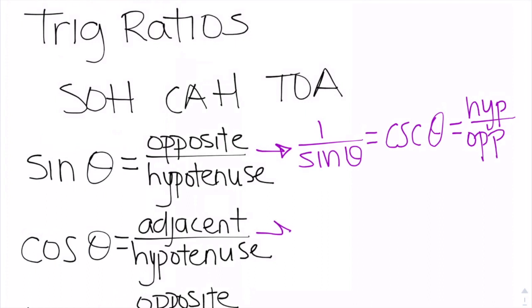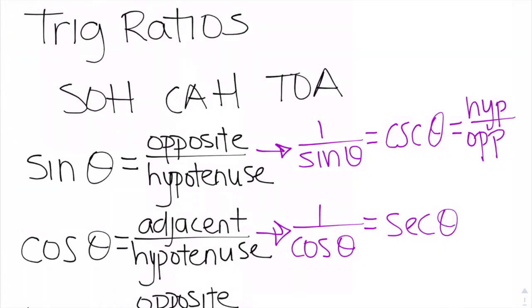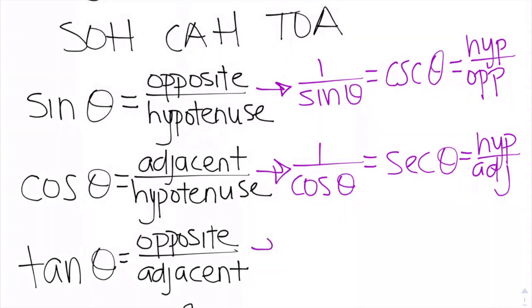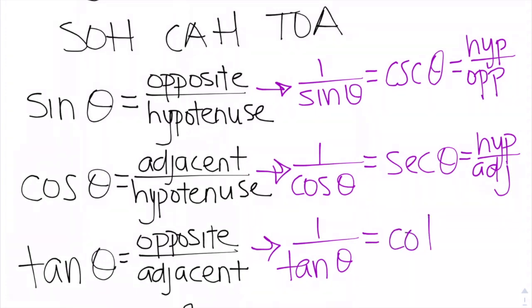And then the reciprocal for cosine, so it's 1 over cosine, that's going to be secant of theta, and that's going to be hypotenuse over adjacent. And then the reciprocal for tangent would be 1 over tangent of theta, and so that's going to be cotangent of theta, and that's going to give us adjacent over opposite.